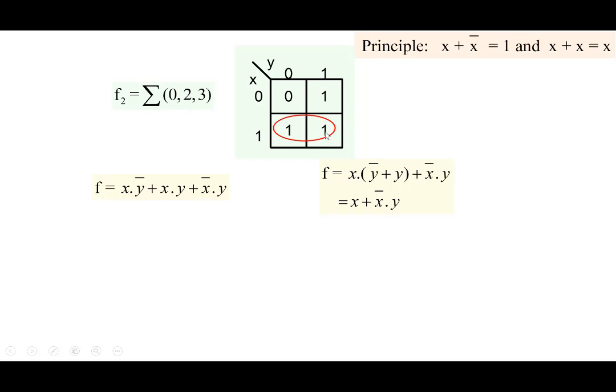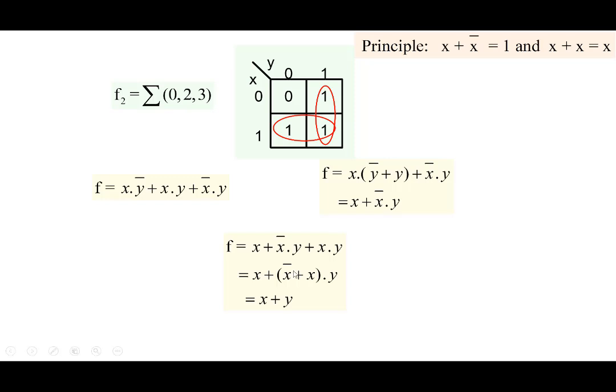So there's also a possibility of taking this one and combining it with this one here, and when you combine it together, you get an even simpler one. You can add another term of this kind and combine it together, and you get x plus y. The first circle is only x. The second encirclement that you've done is y here. So f is equal to x plus y. The function becomes x plus y here.